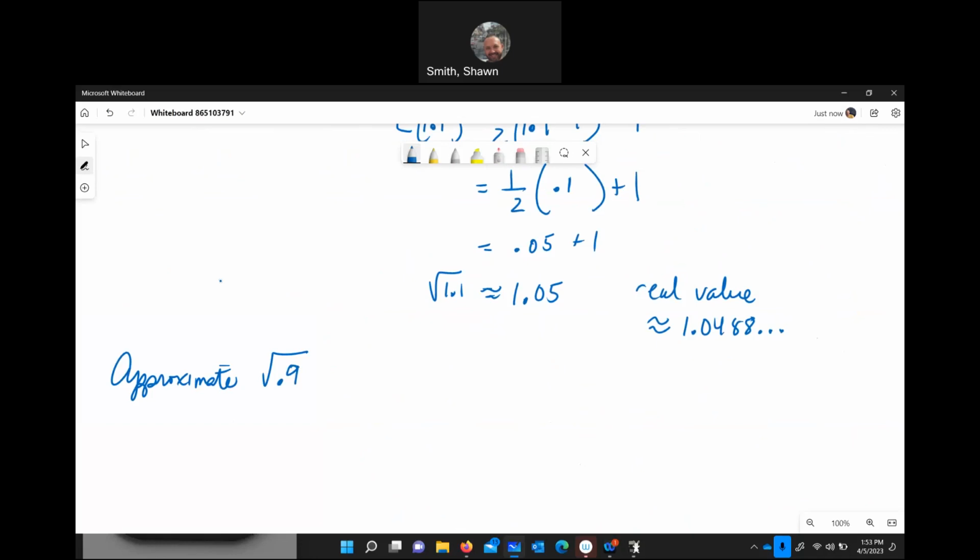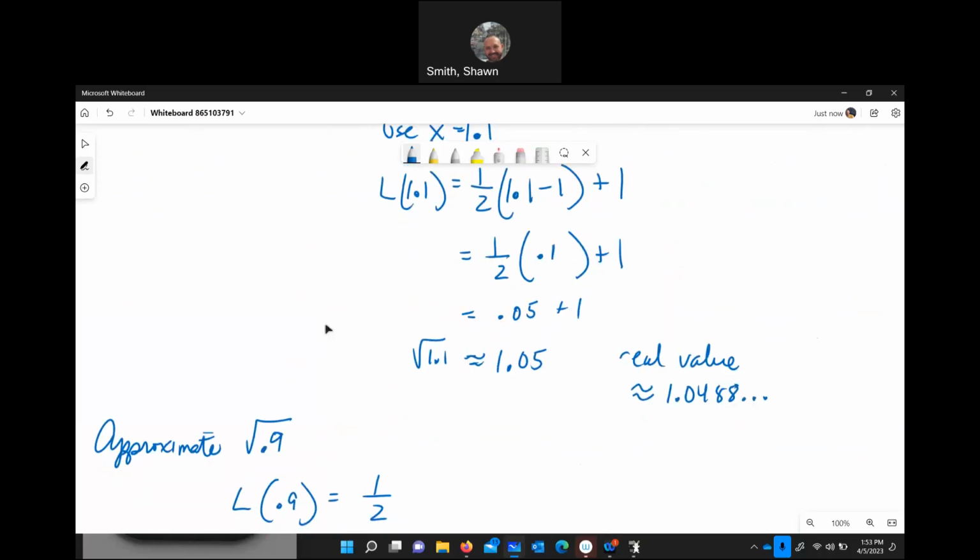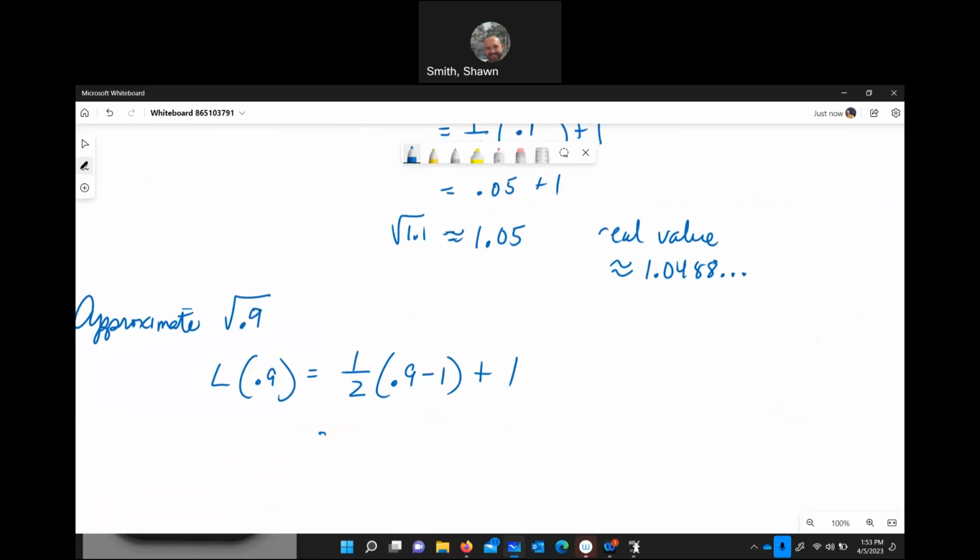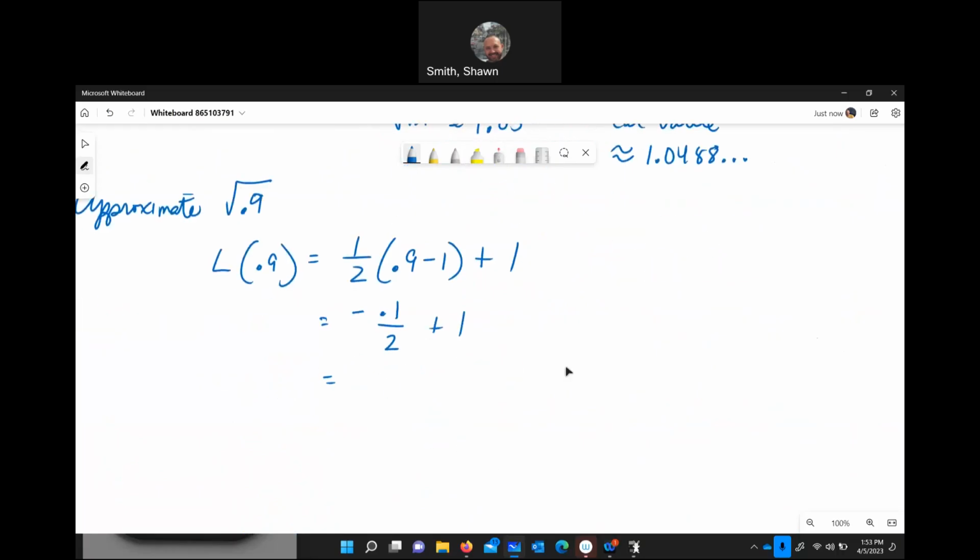So that's pretty close to the square root of 1. So I could use this approximation too. So I put L of 0.9 in that formula. That's 1/2 times 0.9 minus 1 plus 1. That's negative 0.1 over 2 plus 1. That's negative 0.05 plus 1, so that's 0.95.